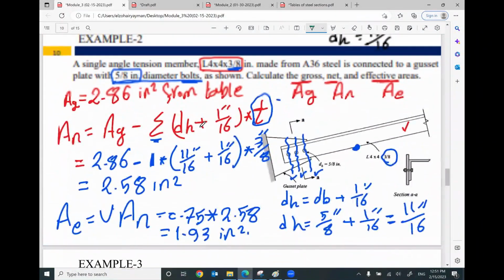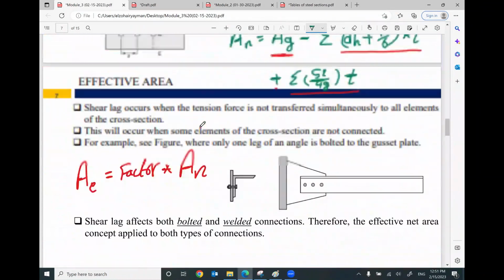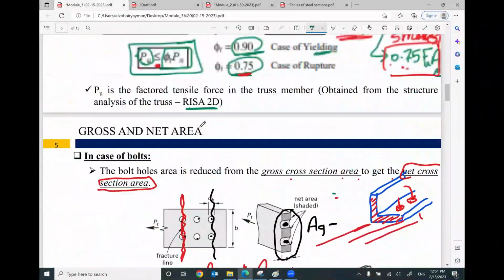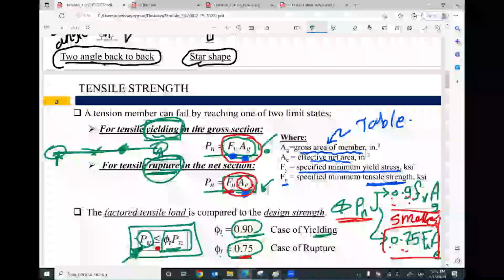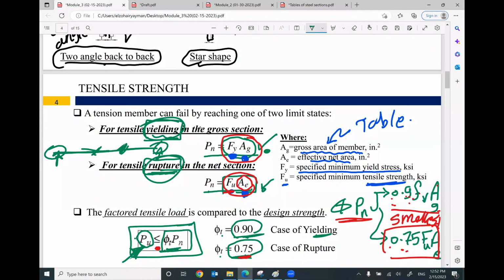We have 2 options for the design strength of your member, to satisfy yielding and to satisfy rupture. And we have 2 expressions to give you the value of Pn. Then based on the value of phi, we can figure out the design strength, and this design strength must be greater than or equal to the ultimate tensile force from the RISA analysis.